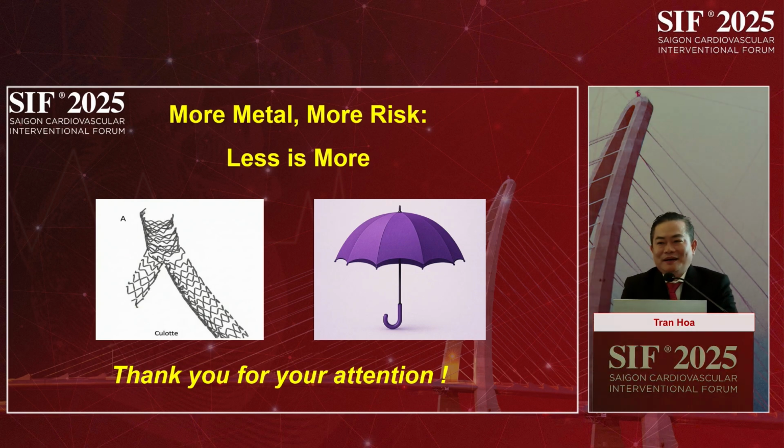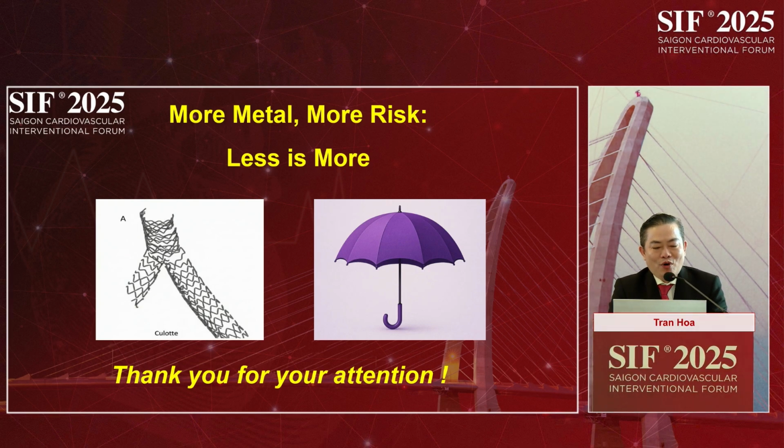So with bifurcation PCI, more metal, more risk. So I think less is more. Sometimes strong DAPT and duration of DAPT help us protect the patient, protect the lesion, and protect the stent. Thank you very much for your attention.